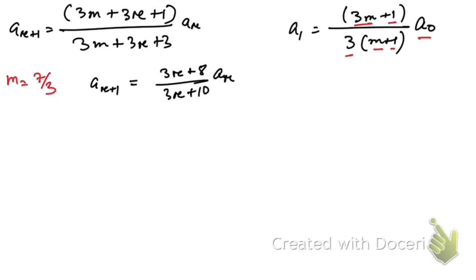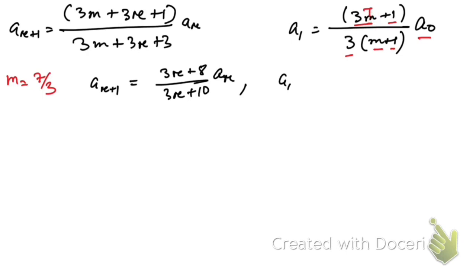So hope you have understood this. Now similarly a1, if you put here 7 by 3, then the 3s will be cancelled, right? Then 7 plus 1, that's going to be 8.